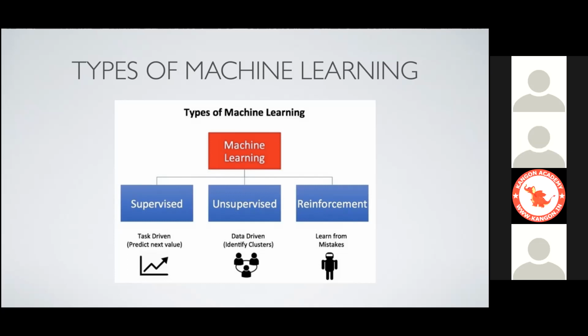Yes, Siddharth, please. Like, for example, if we give a pattern of natural numbers to the computer, and you said that it can classify in unsupervised learning. For example, 2, 4, 6, 8, it'll notice a pattern, it will classify them. But how will it know that these are even numbers and these are odd numbers?